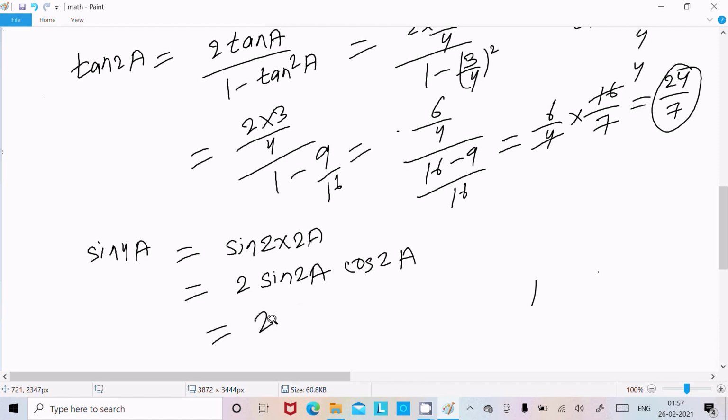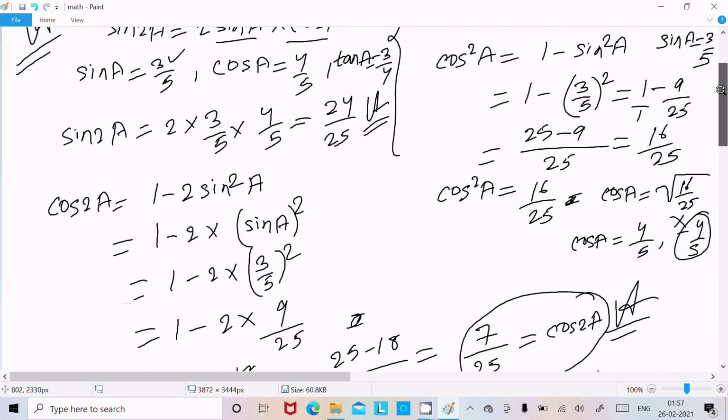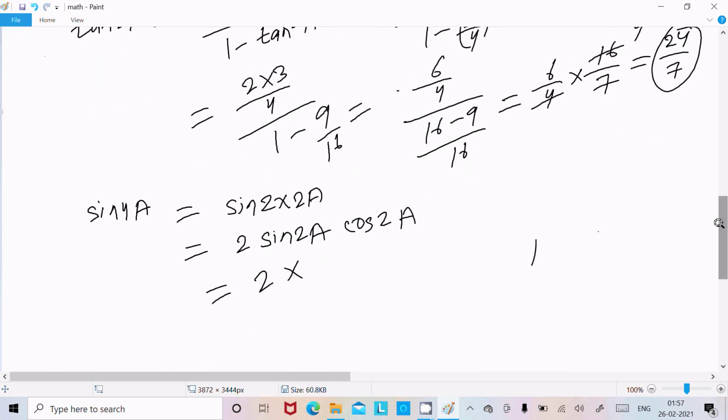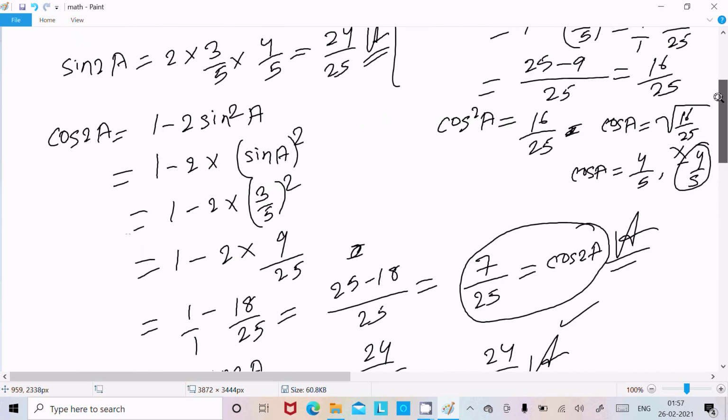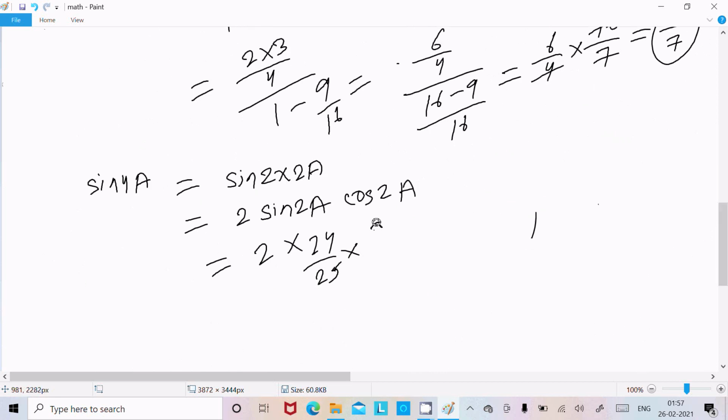Sin 2A value that calculated 24 by 25, and cos 2A calculated 7 by 25. So here if you solve this, the value comes 336 by 625 is the answer.